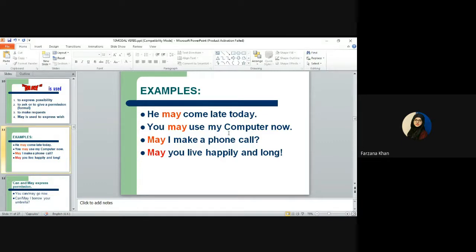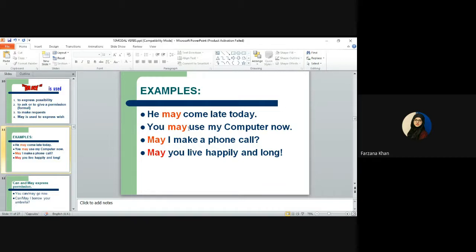In the other sentence, you may use my computer. Here you are giving permission to another person in a proper formal way. If you say you can use my computer now, you are giving permission in an informal way. But when you use may, you are giving permission in a proper formal way.